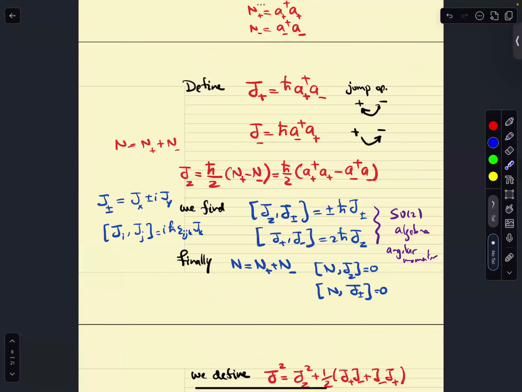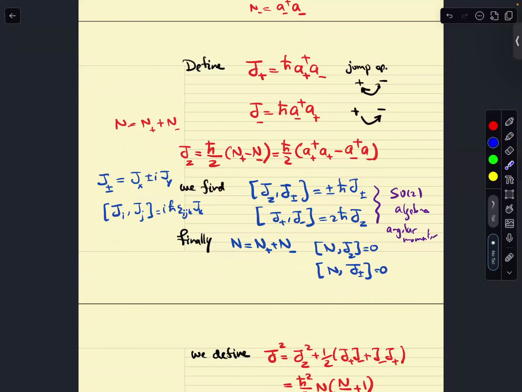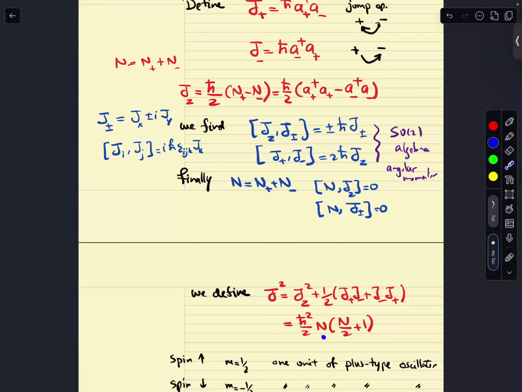We defined the jump operators, and then J_z was the difference between the number operators. The total number operator is N. These jump operators satisfy the right relations as you expect from SU(2), and then the total spin is basically N over 2 times N over 2 plus 1. All right, are there any questions?